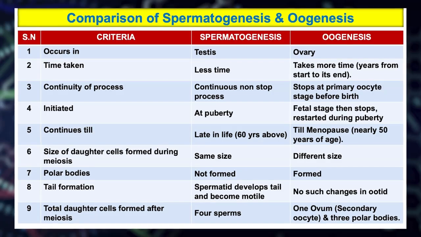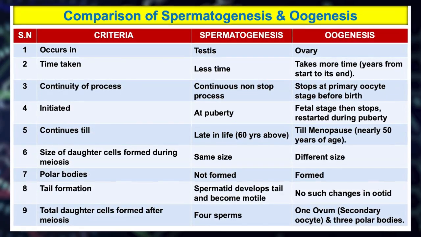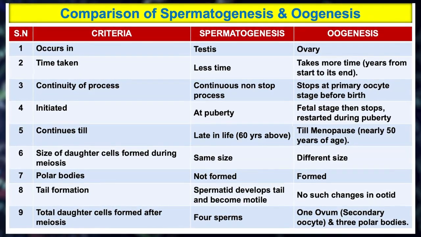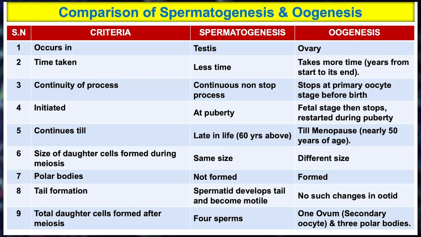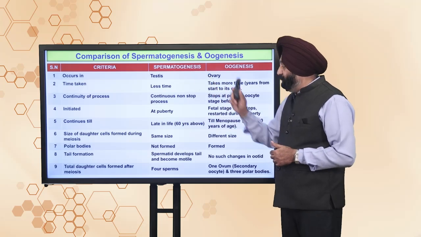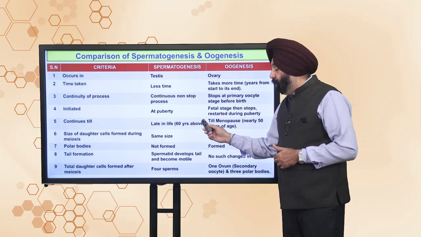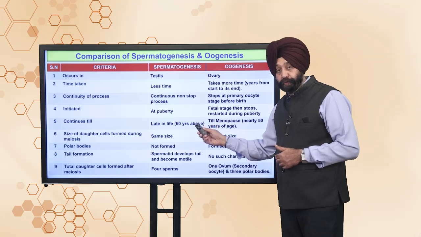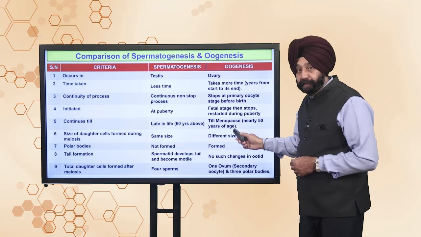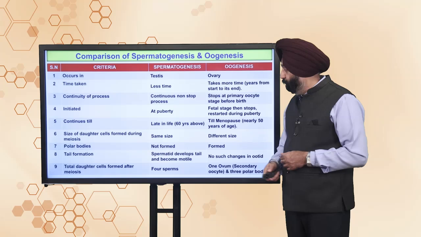Spermatogenesis is initiated only at puberty, whereas oogenesis is initiated at the fetal stage and then it stops. It is restarted at the time of puberty. Spermatogenesis continues late in life, maybe beyond 60 years, whereas oogenesis continues only till menopause, that's nearly 50 years of age.